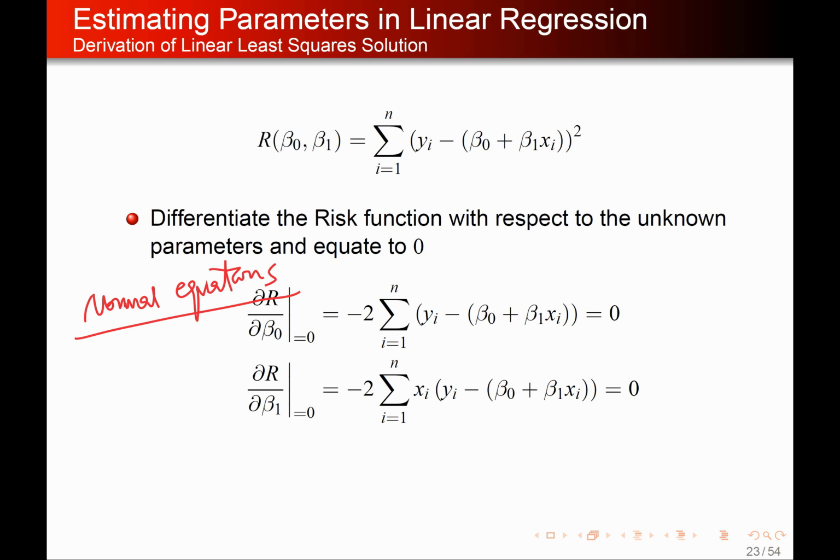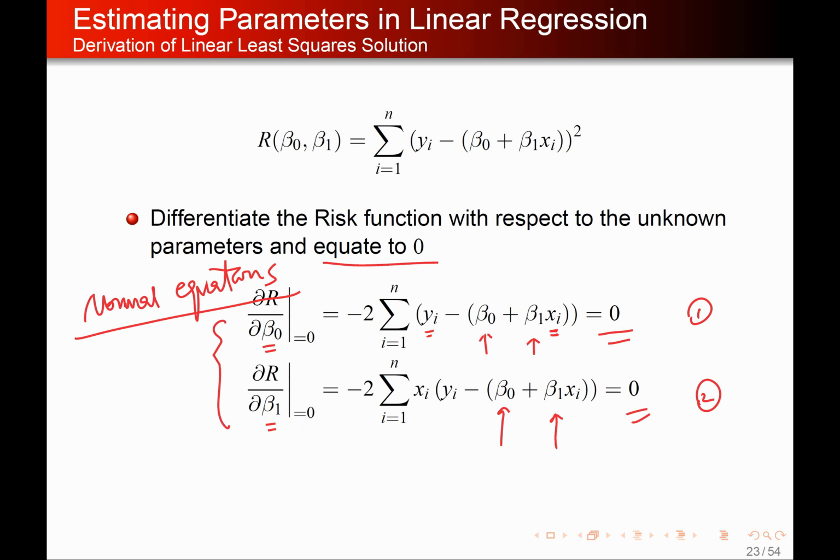We differentiate the risk function with respect to the unknown parameters, beta 0 and beta 1, and then equate it to 0. We know xi and yi, and what we want to solve for is beta 0 and beta 1. We have equation 1 and equation 2 with 2 unknown parameters, so we can solve these 2 equations for these 2 parameters.